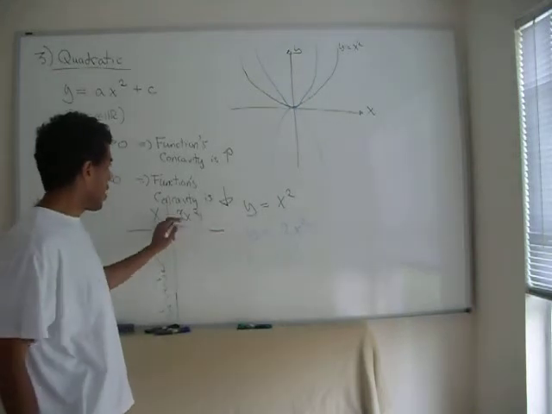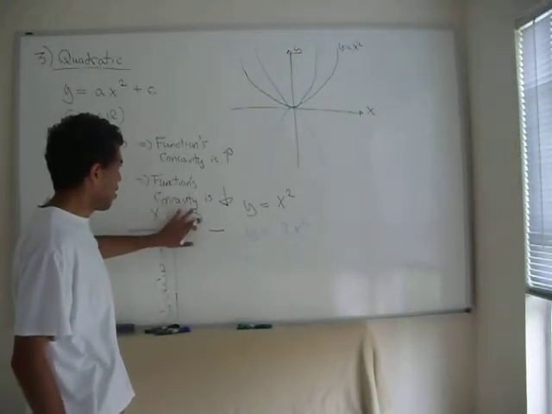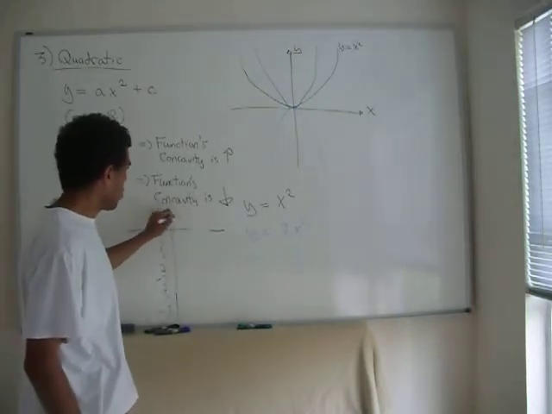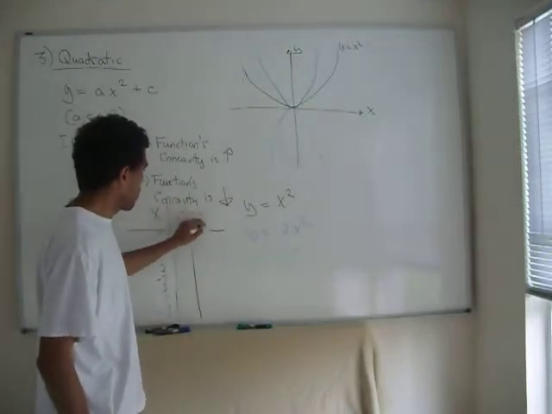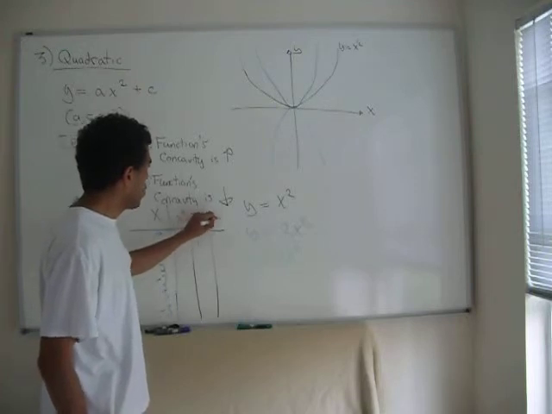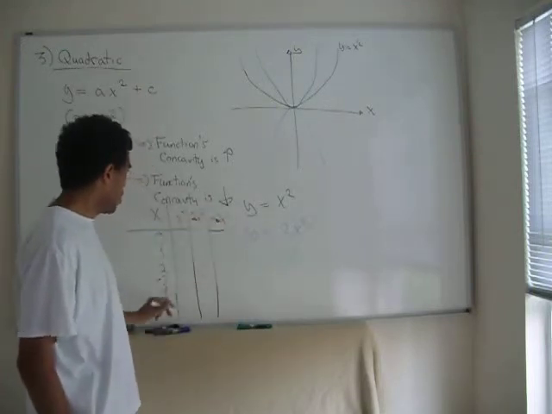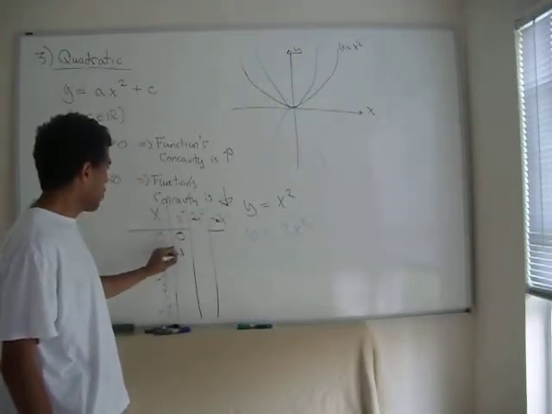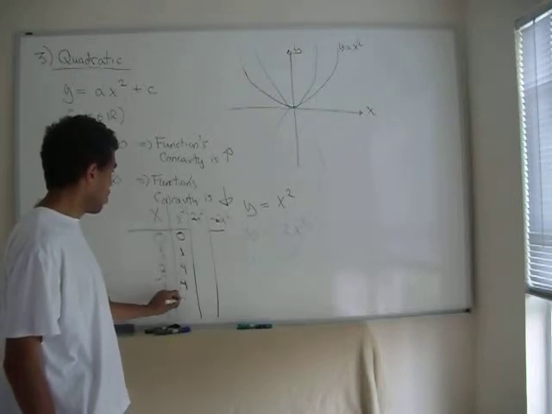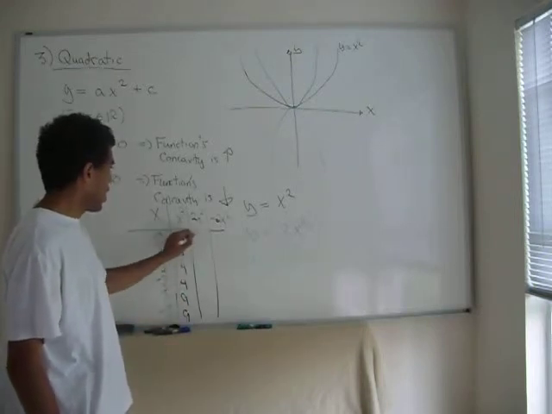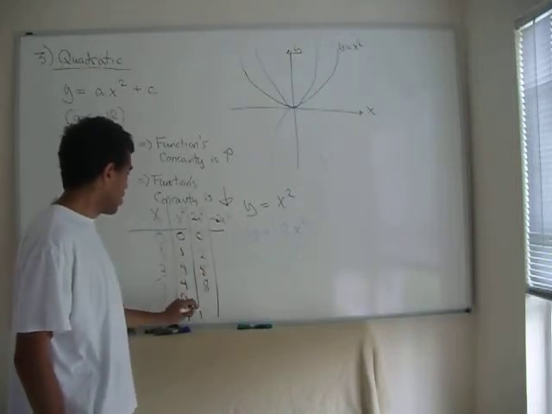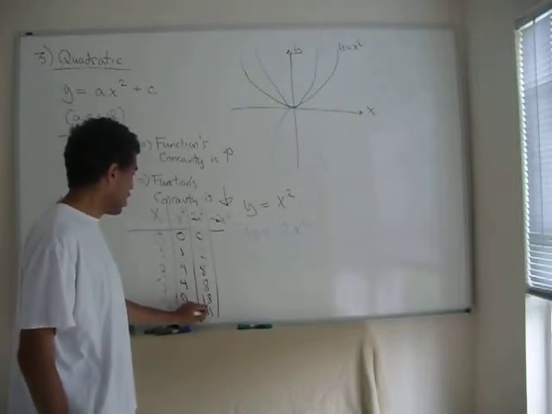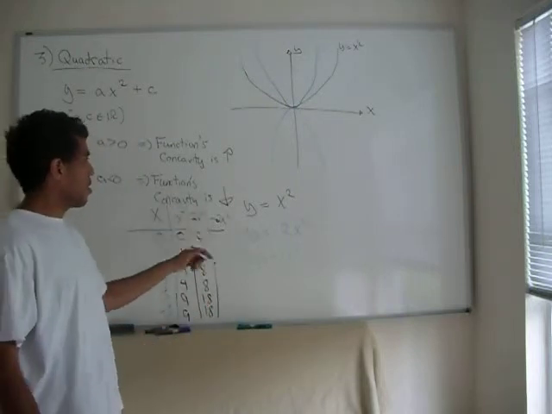Well, the first one that we had was x squared. We can do that right here, 2x squared and minus 2x squared. The first one was 0, 1, 4, 4, 9, 9. And we had 0, 2, 8, 8, 18, 18. Alright, let's do the third one, minus 2x squared.